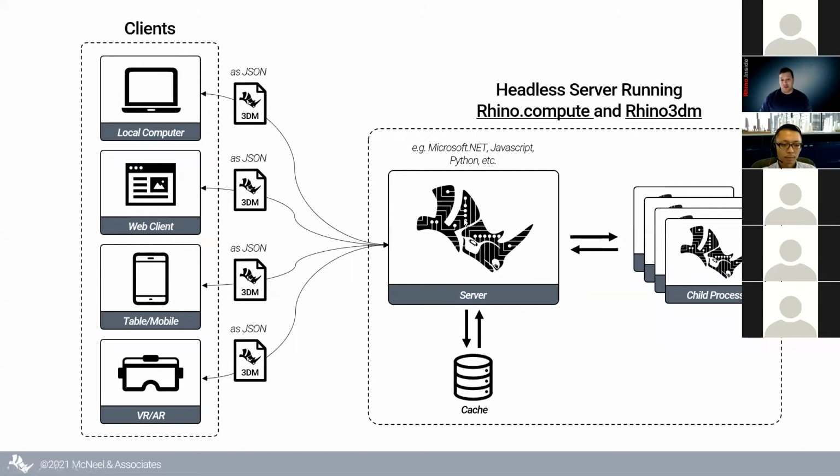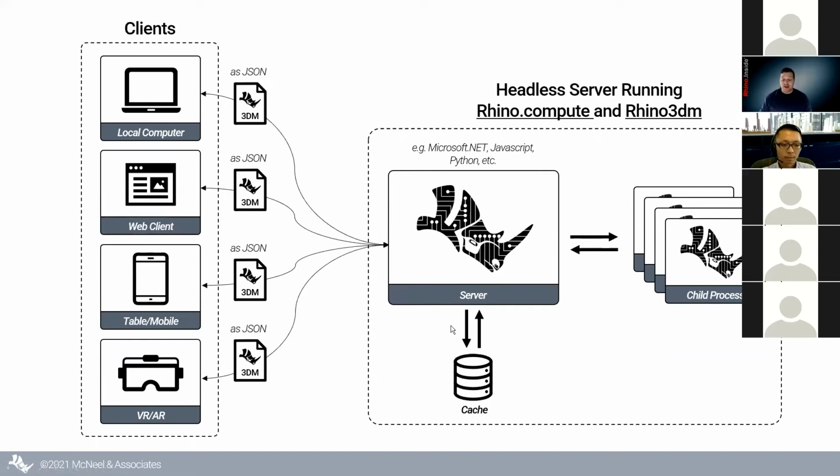Again, this could be running locally, or remotely in the cloud somewhere. This server could be a .NET version, JavaScript, or Python so far. That server will take the incoming information, try to do something with it, and then send the information back. So it's essentially a round trip REST call.